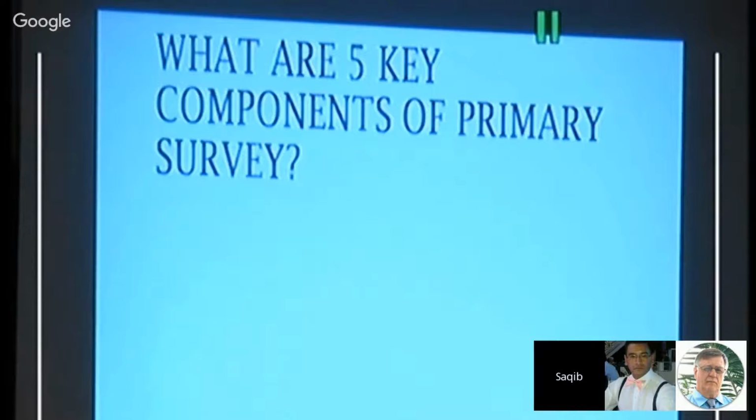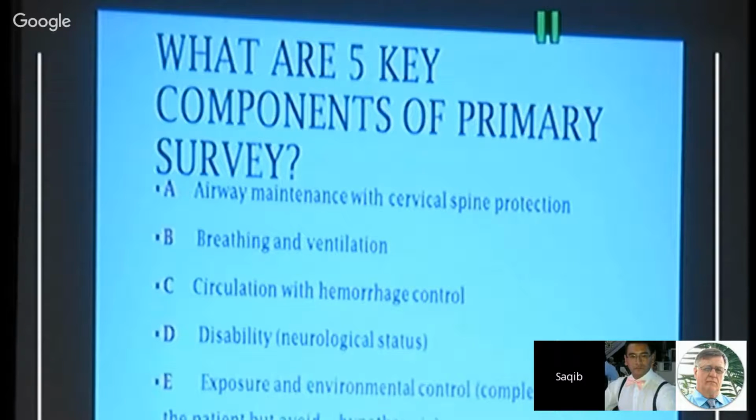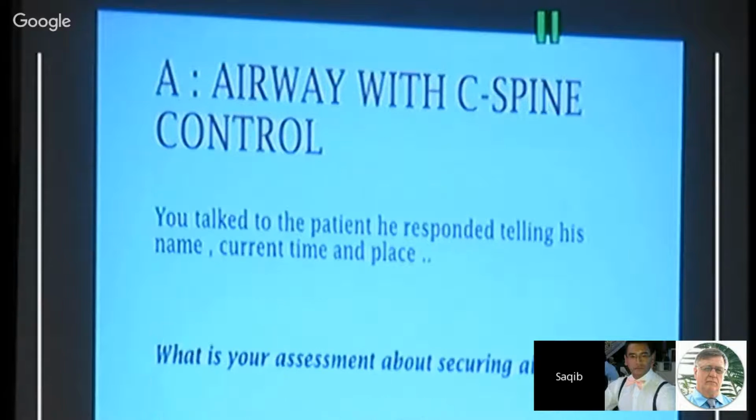An accident, pain. So how would you assess? Airway maintenance, cervical spine protection, breathing, ventilation, circulation, disability, and E is exposure. So you have to expose this patient completely to exclude other injuries.